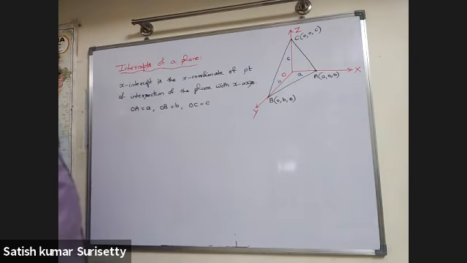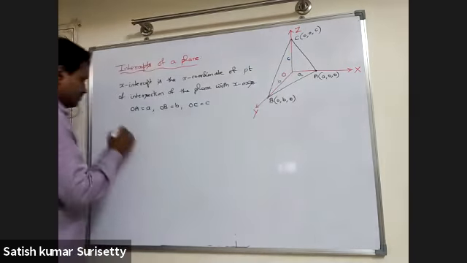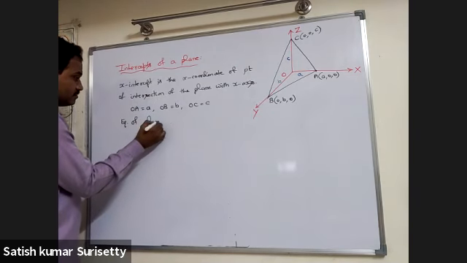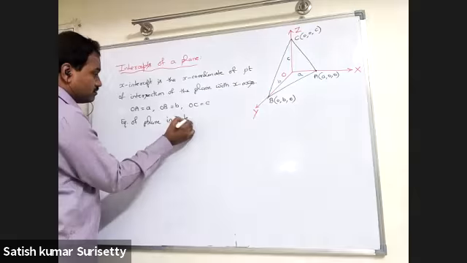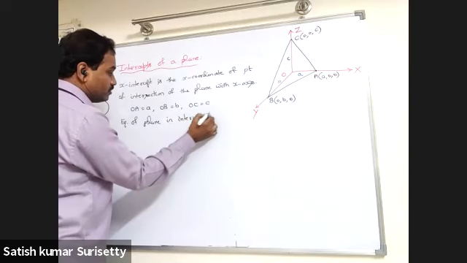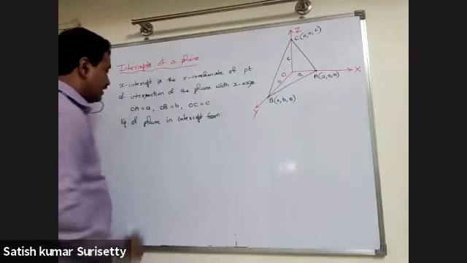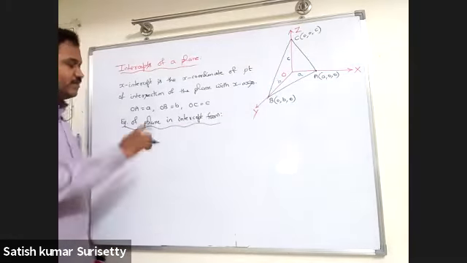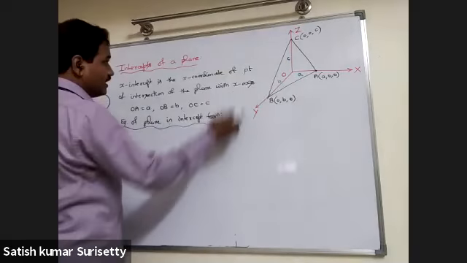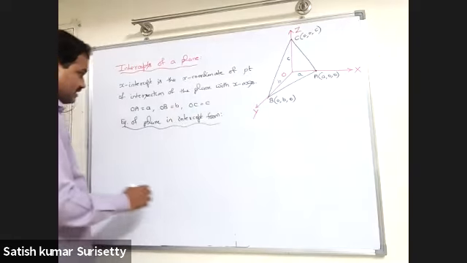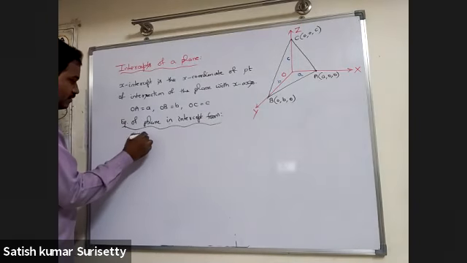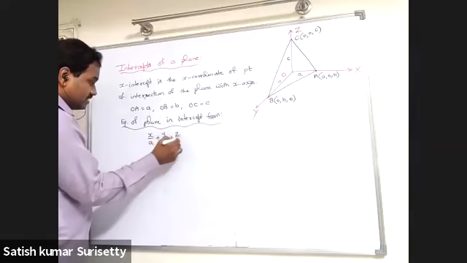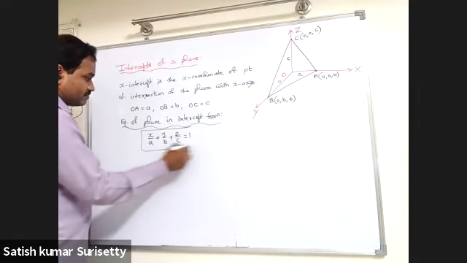So what about the equation of the plane in intercept form? Like in 2 dimensions, exactly the same manner in 3 dimensions also. That is, if a, b and c are the intercepts of the plane on the coordinate axes, the equation of the plane in intercept form is x by a plus y by b plus z by c equals 1.